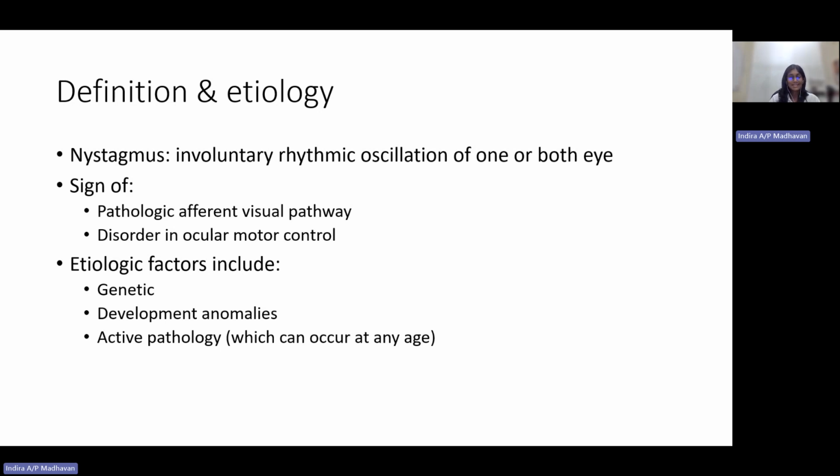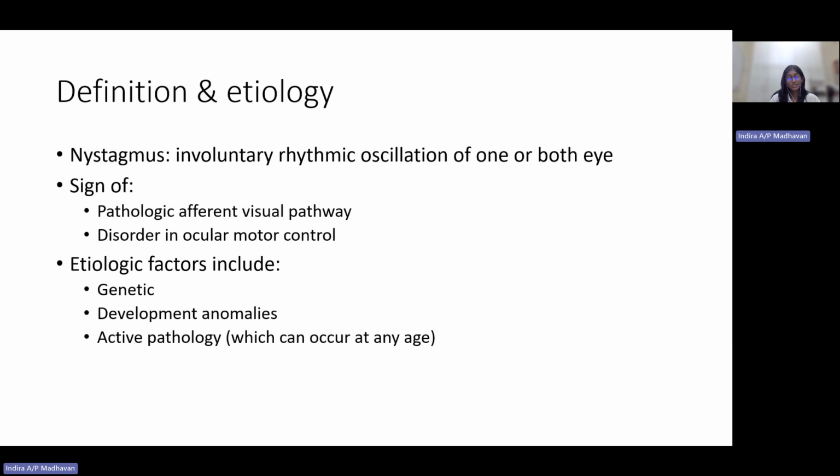There are many causes that lead to this problem. As I mentioned, if there is a cataract in the eye since young or birth, that can lead to this, or if the patient has some retinal related disease.